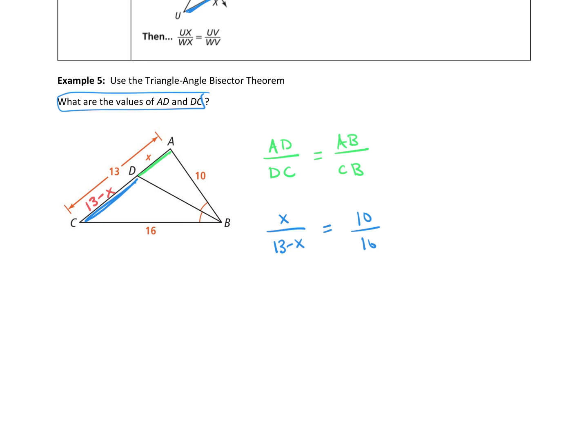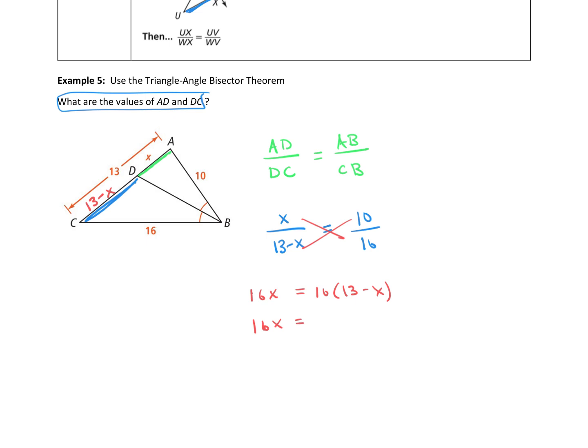All right, so we will cross multiply. 16 times x is equal to the other cross product. Now that 10 times the 13 minus x, make sure we put that 13 minus x in parentheses. That will force us to do that distributing.